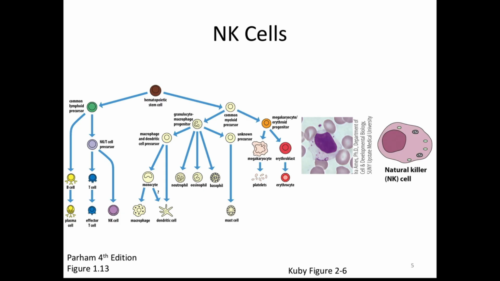If we look at this process of hematopoiesis, we see that NK cells come from the lymphoid precursor. Basically, the precursor has decided to either become a B cell or an NK/T cell, and then it might become an NK cell instead of a T cell. You can see here all the things that come from the myeloid precursor, and here are the things that come from the lymphoid precursor.